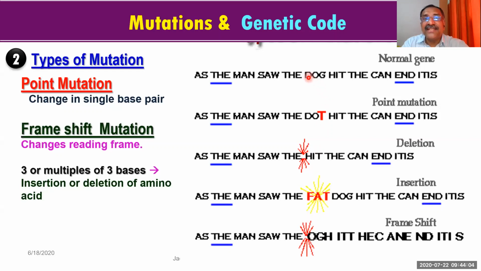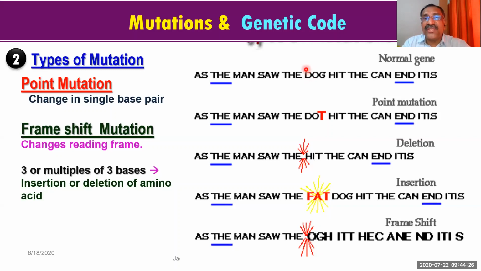The D has disappeared. And you know that we are counting three letters to make a word. All these are three-letter words. Am I right, friends?